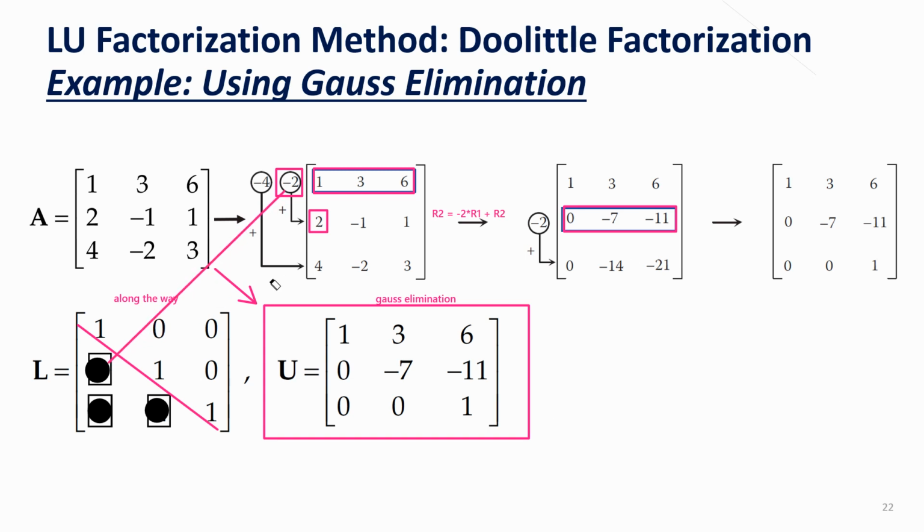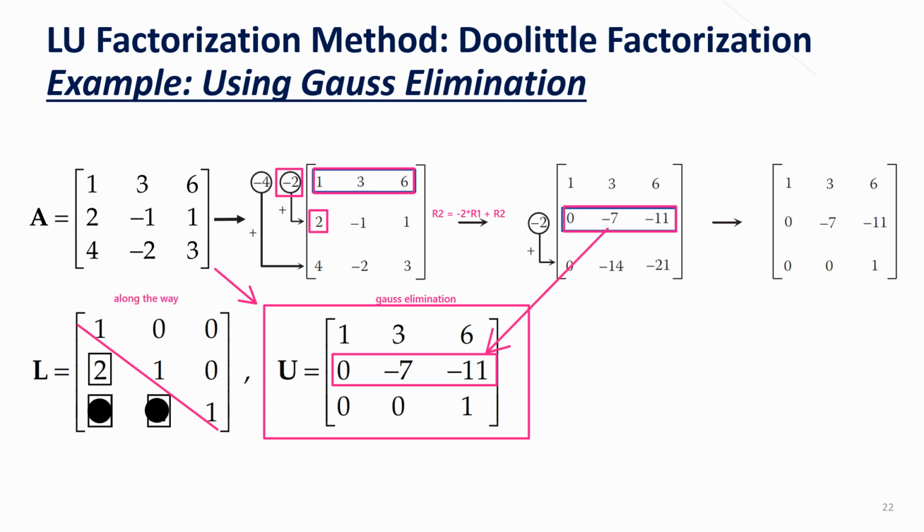You see, the -2 here gives the opposite value: -2 multiplied by -1, you get 2 here. Okay, that's what I mean by along the way. Meanwhile, the U matrix, you already have the new value of it here, correct?